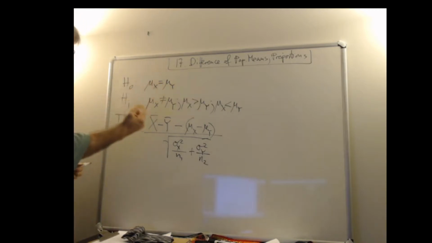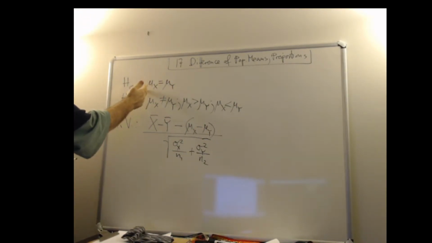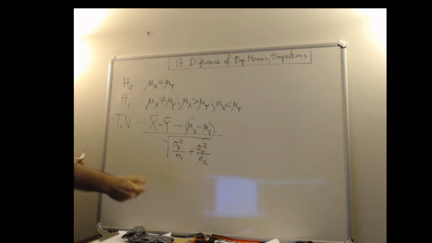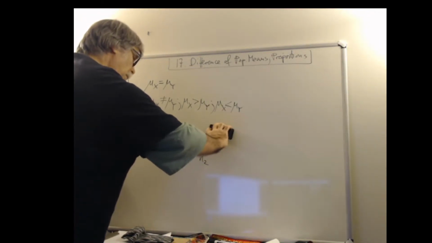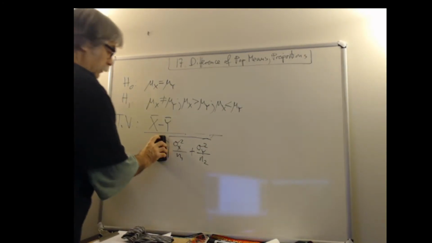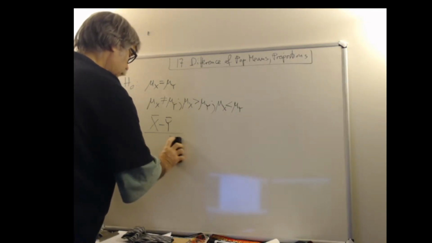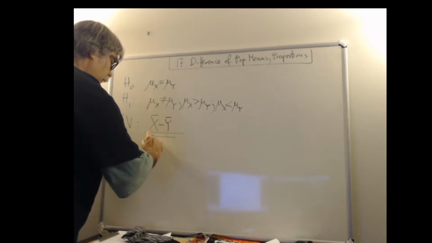If the null hypothesis is true, the mean of X is equal to the mean of Y, then this difference is 0. Now, if this is so, then we can just simply erase it, which makes the formula a little bit nicer. So now I can squeeze this a little bit. I'm going to put it a little nicer here, so I don't have so much of a fraction. I'm just copying what I had moments ago.